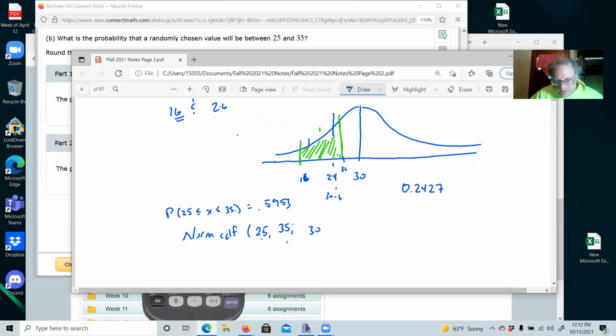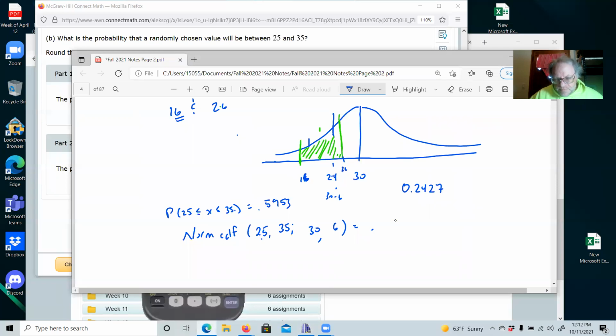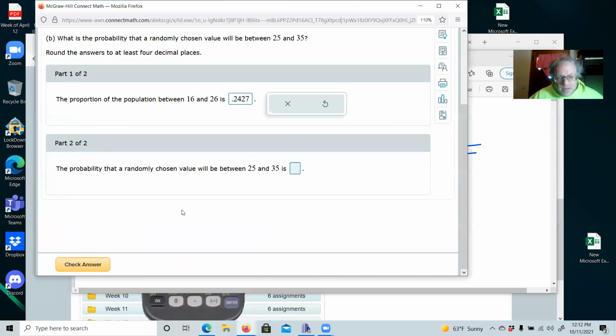And then our average is 30, and our standard deviation, not that kind of 6, standard deviation of 6. Okay. What did we come up with? We came up with 5953. All right, so that's going to be our answer here: 0.5953.